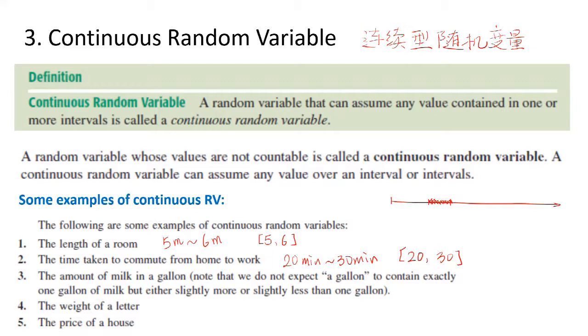The weight of a letter, for example, 1 gram to 2 grams, is also a continuous random variable, right? 5, the price of a house, for example, 1 million to 2 million, could be any value within this interval, is also a continuous random variable, right? Any questions? Can you tell what is a discrete and what is a continuous random variable now?